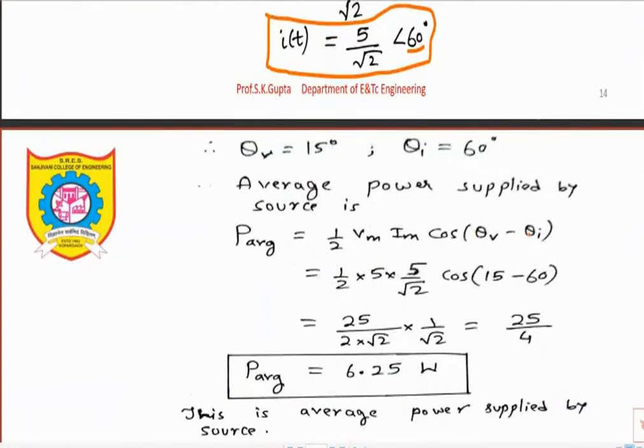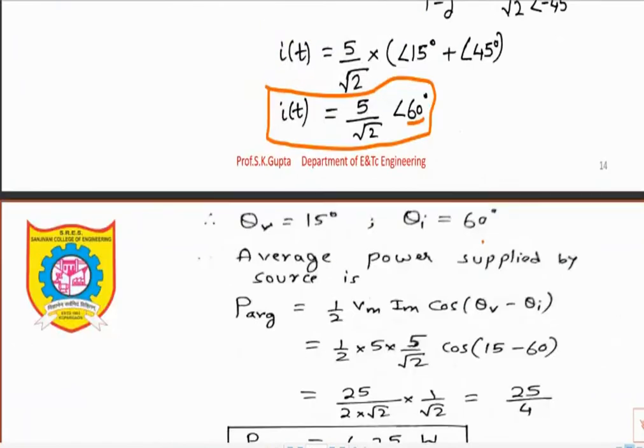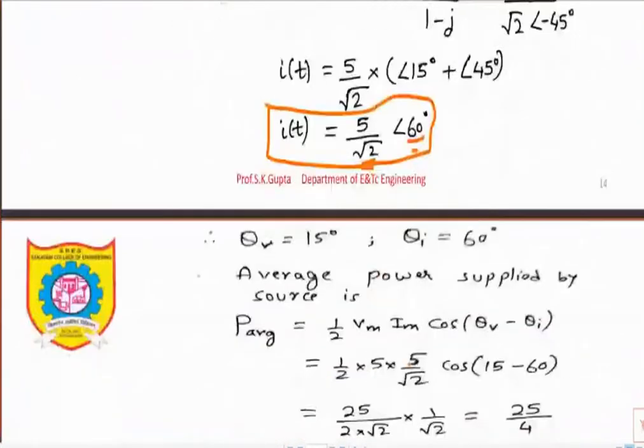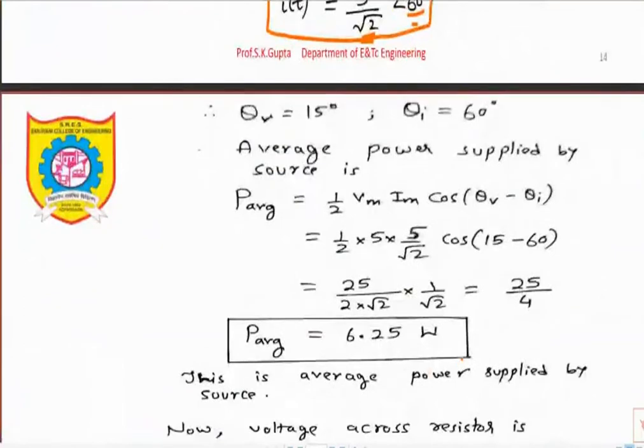By this time you must have remembered the formula of average power. Just substitute the values. This is Vm, this is theta V, 5 by root 2 is Im, and this is theta I. So the answer comes out as 6.25 watt. So this is the power supplied by the source.